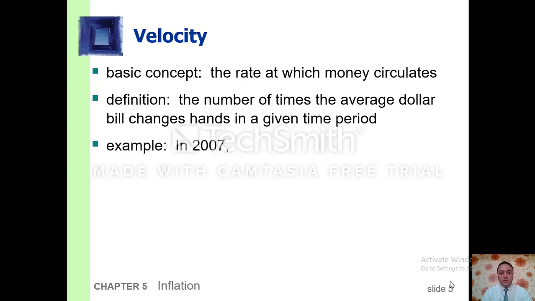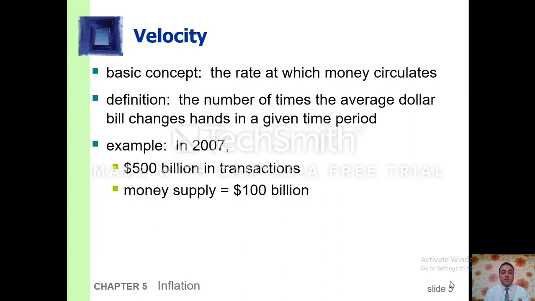For example, in 2007, there is $500 billion of transactions in an economy, buying and selling. But the money supply in this economy is only $100 billion.